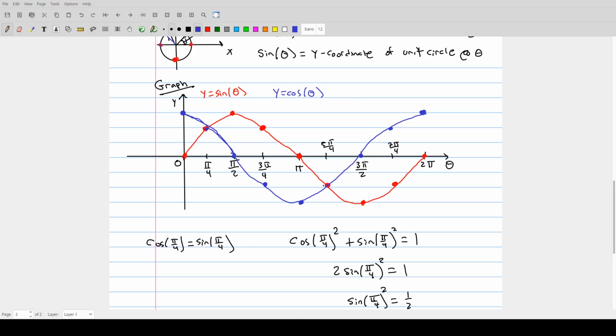So let me share the screen so I can show you how to do this using Desmos.